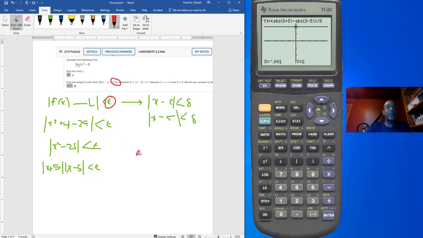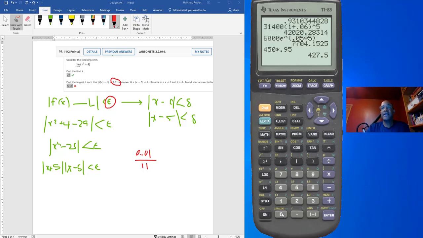So you put in 0.01, and this is why they're asking you to round it to a certain number of decimal places. I think it says 4 decimal places there, right? So you put 0.01 divided by 11. I'm just going to do that on the calculator real quickly. 0.01 divided by 11, and I get, okay, that's 4 places, so 0.1, 2, 3, 4.